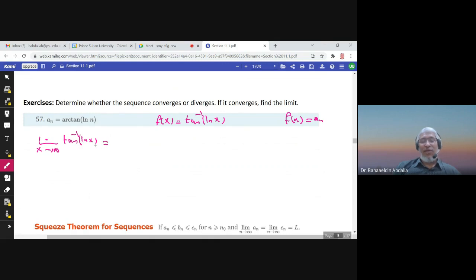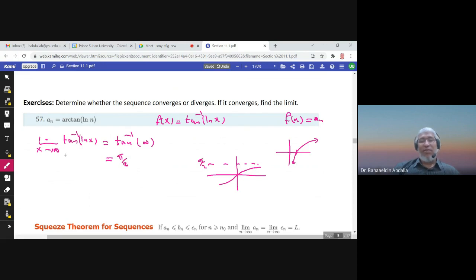Well, ln infinity is infinity, because this is the graph of ln. So when x approaches infinity, ln also approaches infinity. So I will have tan inverse of infinity. And you know the graph of tan inverse. If x approaches infinity, it approaches this line. This line is a horizontal asymptote. So when x approaches infinity, tan inverse approaches pi over 2.